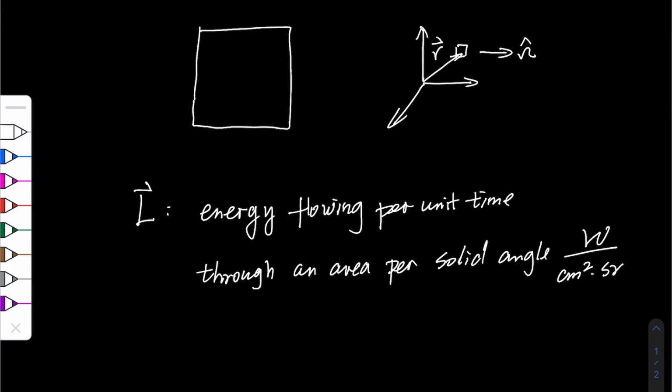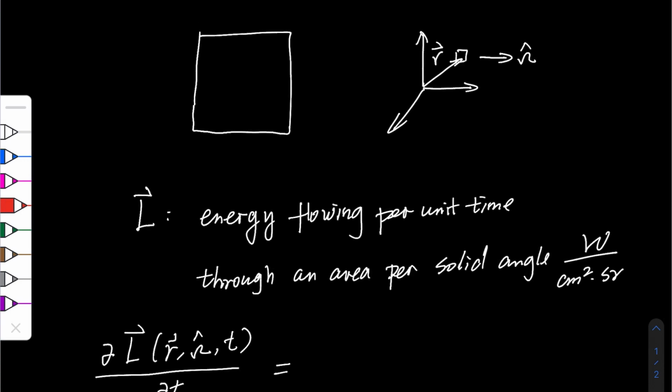So the transport equation describes that the change in L at the position r at the angle of omega hat at time t, the changing rate of L at the time t, is being driven by four parts of the energy changes when the photon comes into the tissue element.